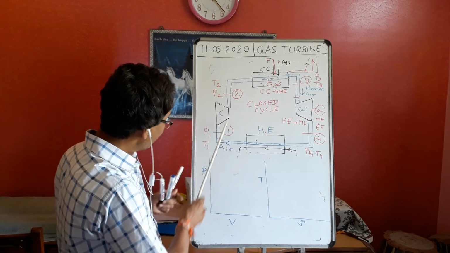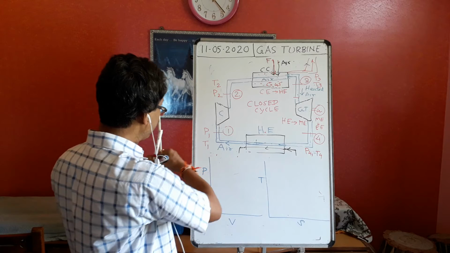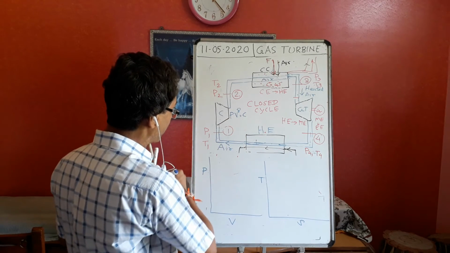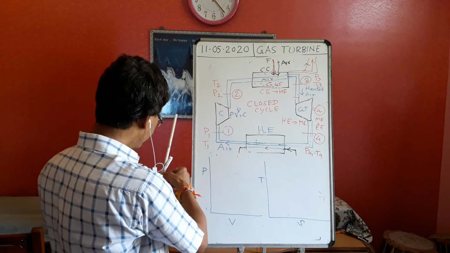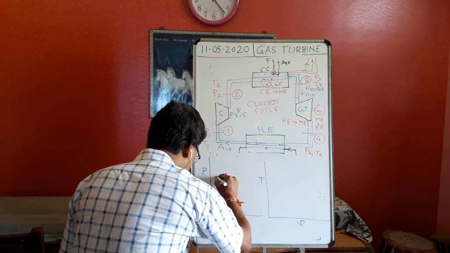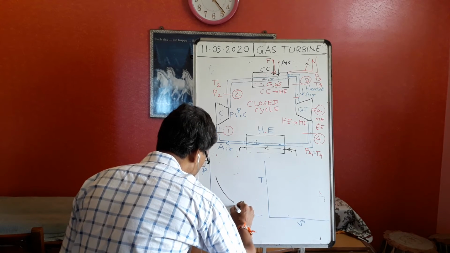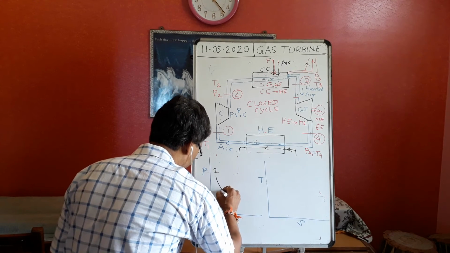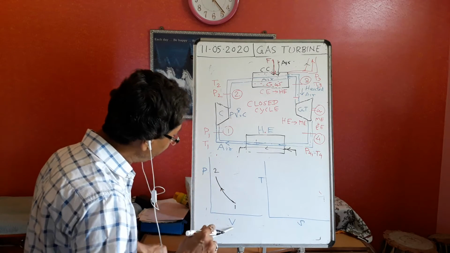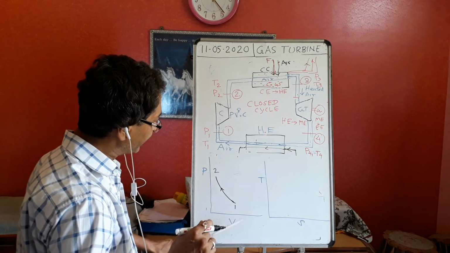I have told that 1 to 2 is isentropic, and it holds the equation PV to the power gamma. Isentropic in the PV plane can be shown this way. So this is 1 to 2, the isentropic process.